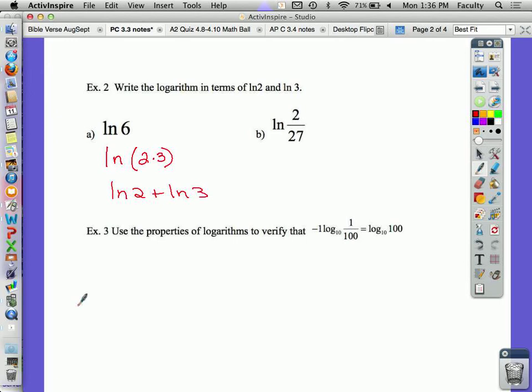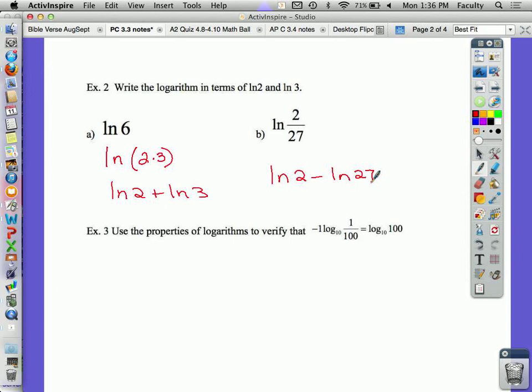All right, then let's look at part B, ln 2 over 27. Well, the first thing I would notice is I can use that quotient property and say that's ln 2 minus ln 27. But I don't have an ln 3, and I didn't want an ln 27. But what do you know about 27?